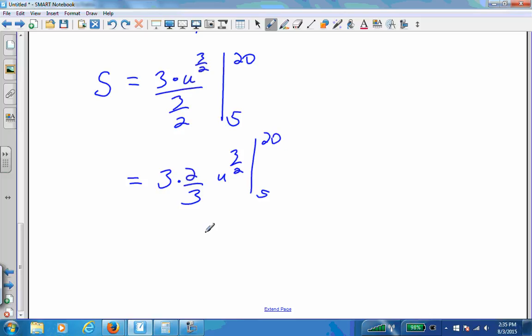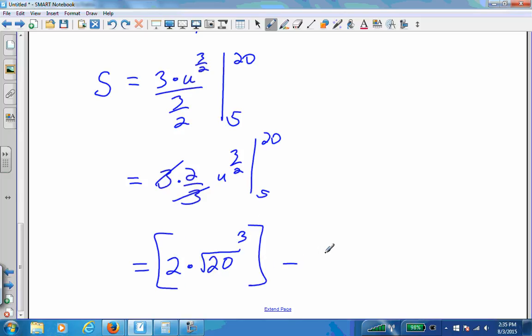So the 3's cancel, so that's 2 times, plug a 20 in, 20. If we're doing something to the 3/2, we're taking the square root of that and cubing it. And then minus 2 times, put a 5 in, we're taking the square root of that and cubing it.